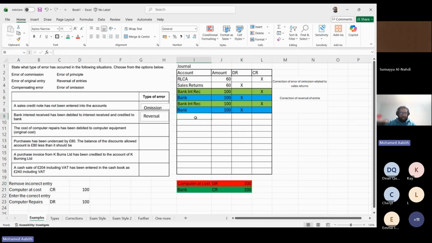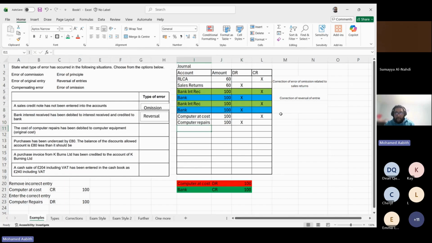So the journal entry will show here computer at cost £100. I keep putting £100 here. I'll just find a different one. I should say, let's say, yeah, that's okay. I already started it, so it's fine. Computer repairs £100, and this is going to be debit.